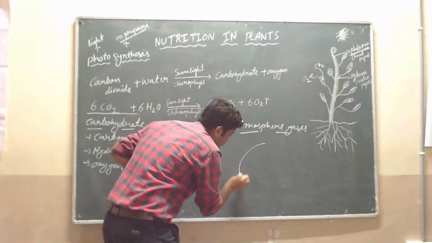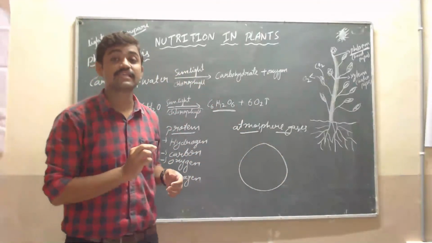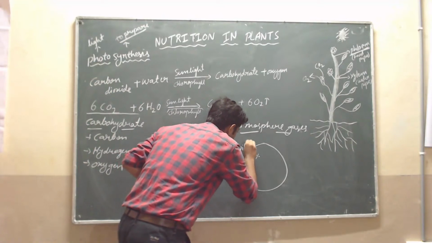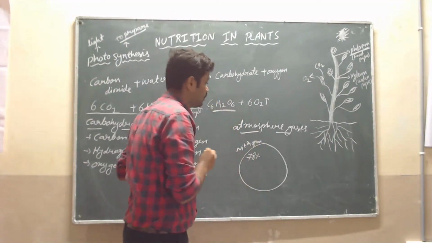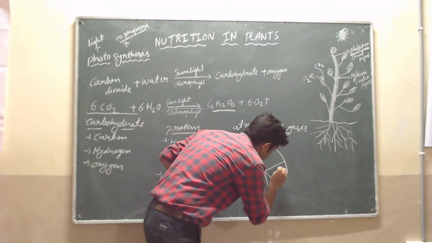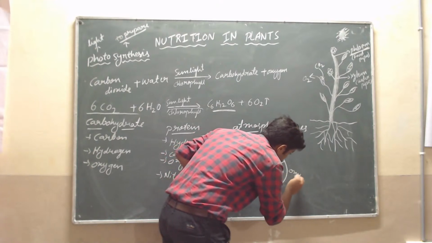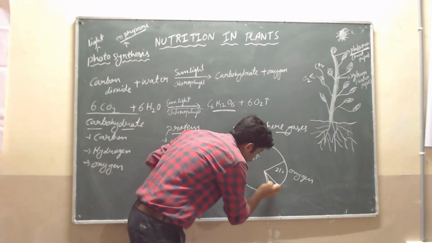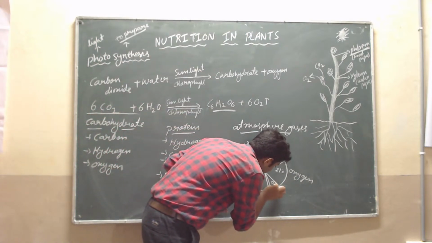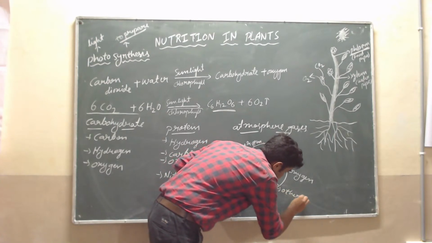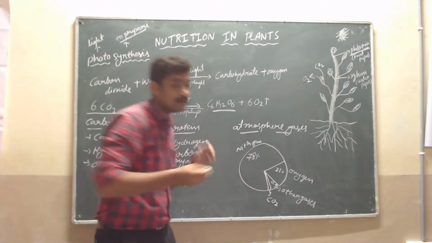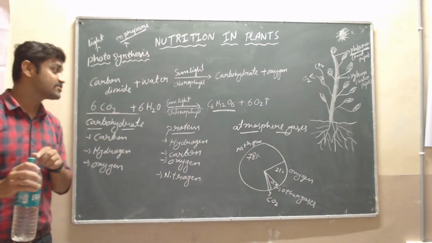You know that in the diagram we have seen, our atmosphere contains 78% of nitrogen, 21% of oxygen, 0.9% of other gases, that means dust particles as we read, and again 0.4% of carbon dioxide. We have studied this in previous classes.